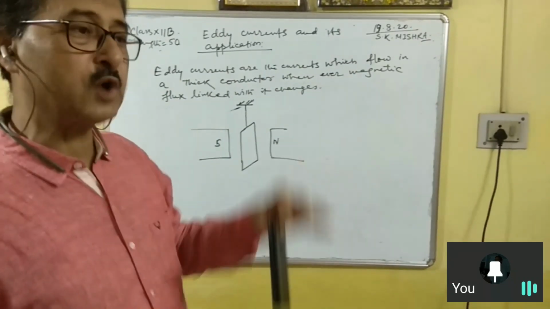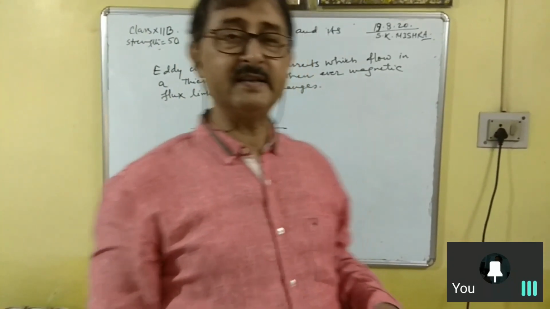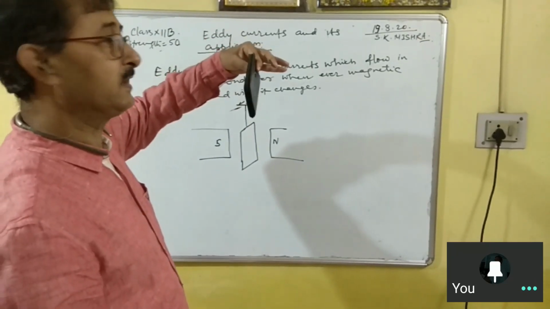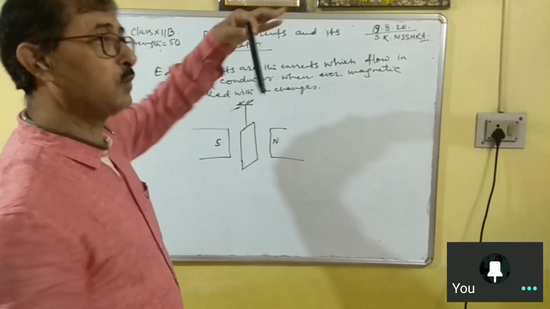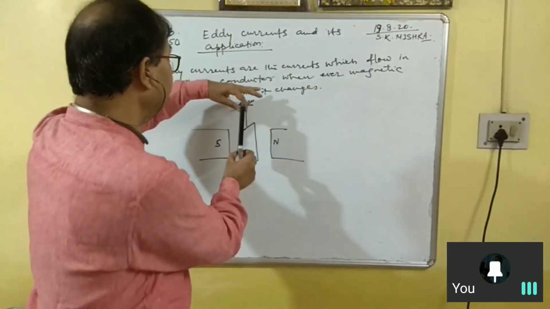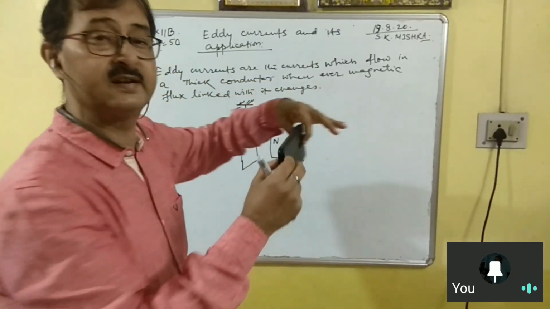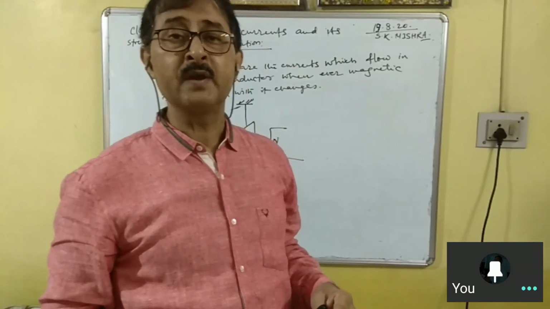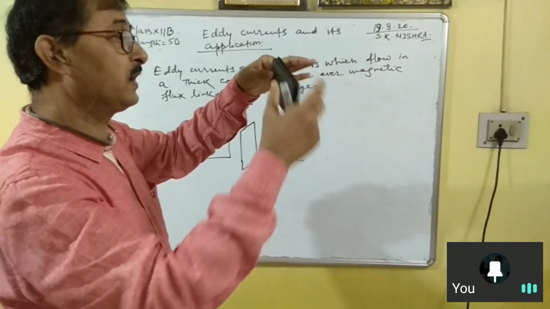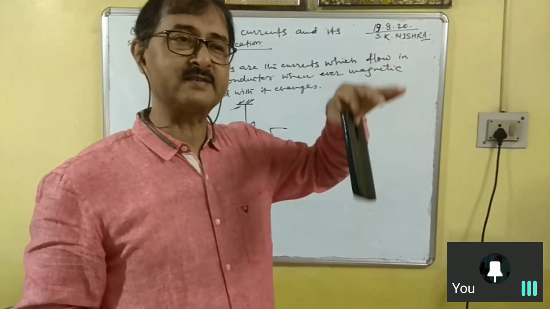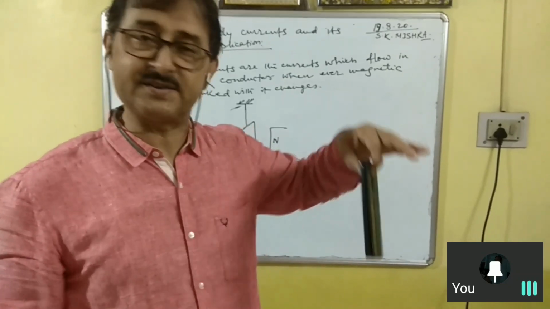Why will it stop immediately? The reason is, when it is coming out of the magnetic field, the flux linked with this plate will change, because the area of the plate inside the magnetic field will decrease. Flux, phi equals B into A, so a decrease in A will cause a variation in magnetic flux, and that change in magnetic flux will induce a current.